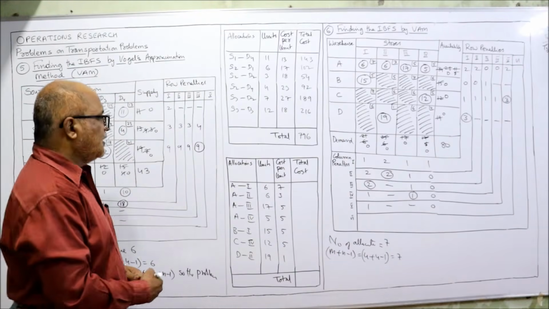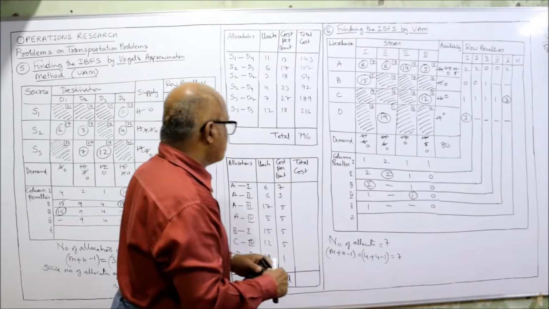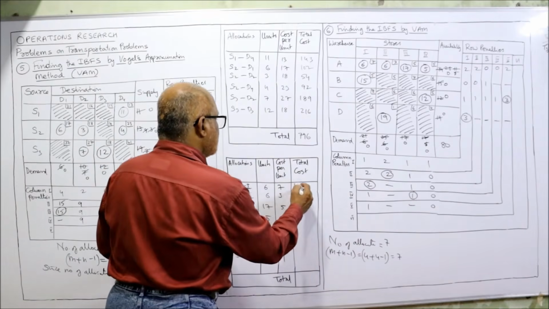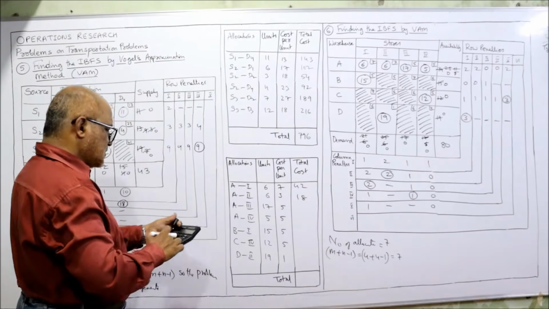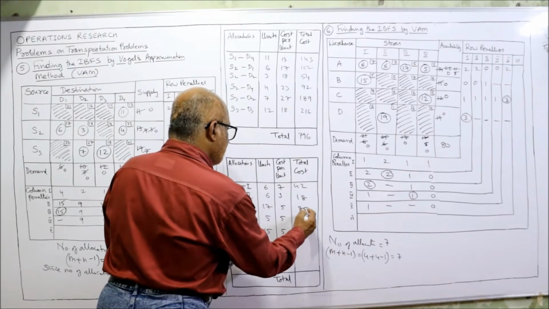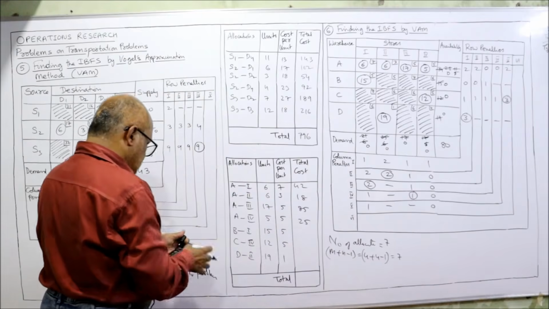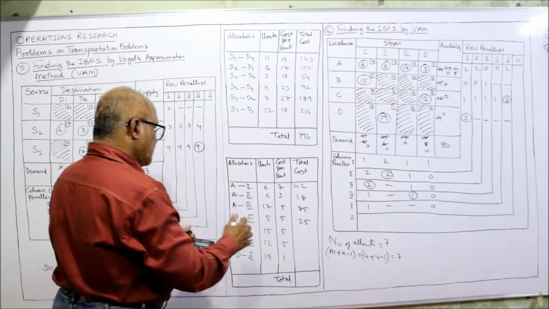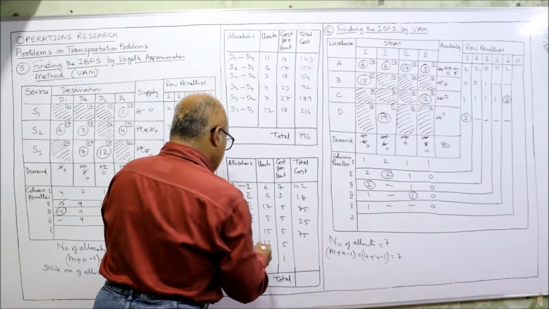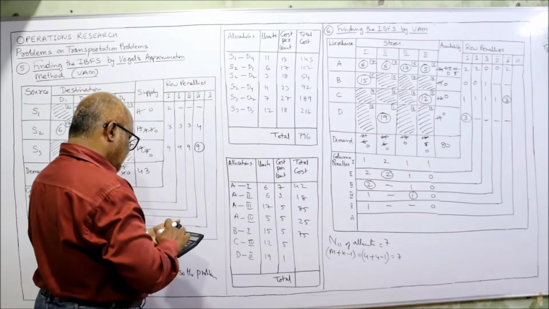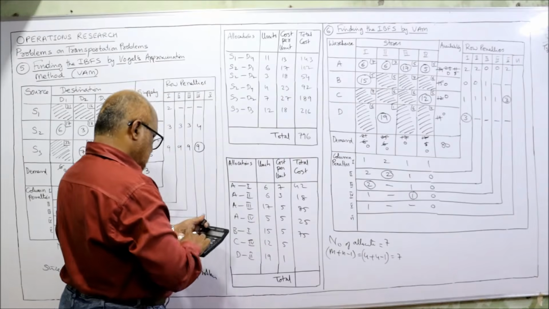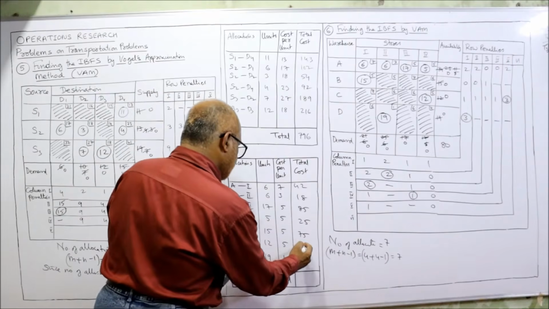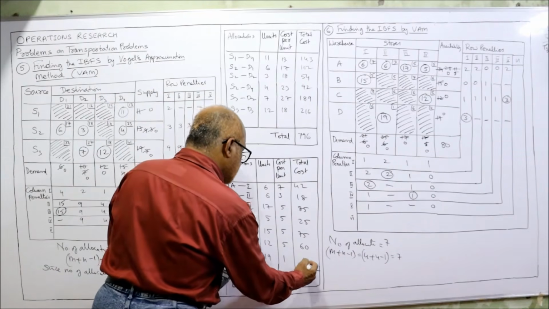Now simply multiply 6 into 7. 6 sevens are 42. 6 threes are 18. 17 into 5, it comes to 85. 5 fives are 25. 15 into 5, 75. Then we'll take 12 into 5, 60. 19 into 1 is 19.